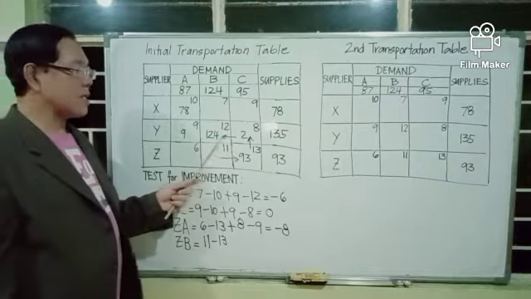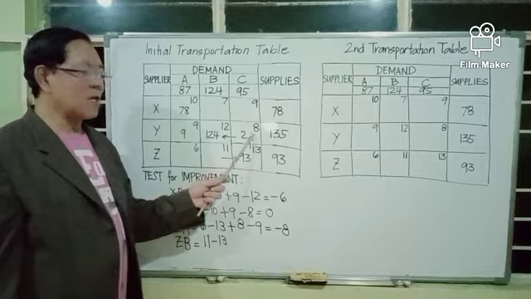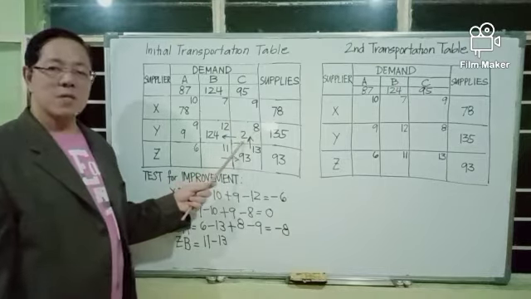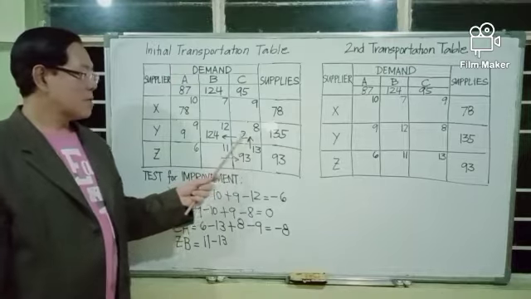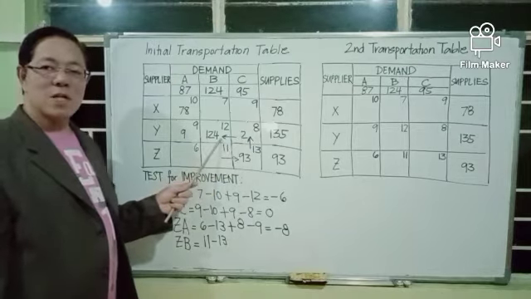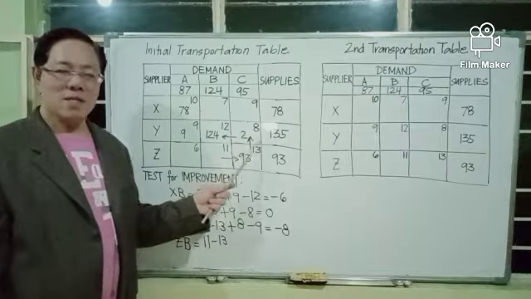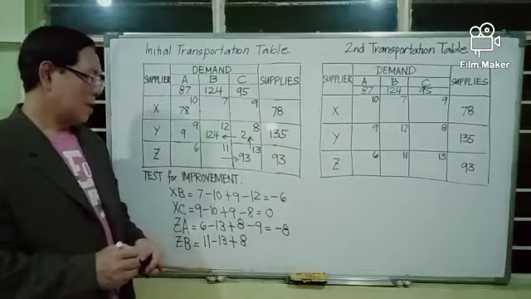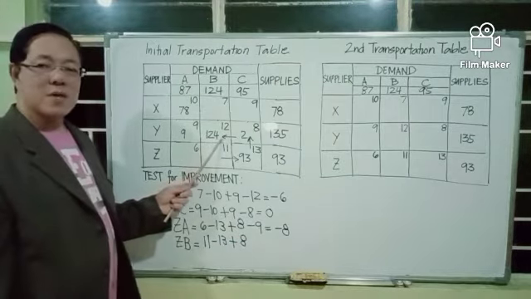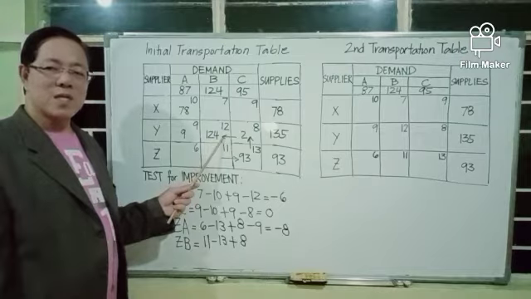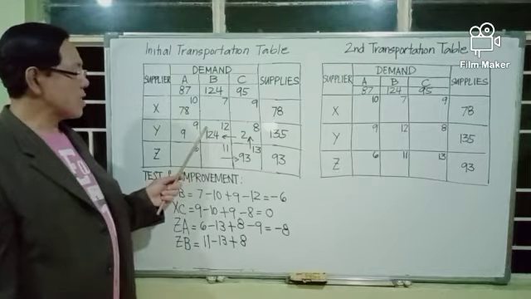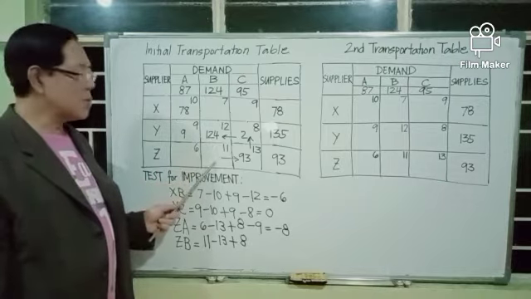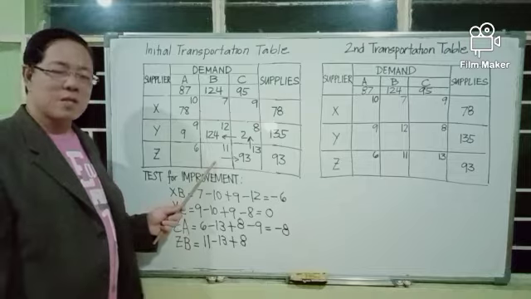The cost associated with this horizontal movement is the cell cost of our point of origin, which is this cell with 2 units. The cell cost is 8. Thus, the cost associated with this horizontal movement is plus 8. After this horizontal movement, the next move is vertical. If you move vertically upward, it's empty. But if you move vertically downward, you will return to where you started.